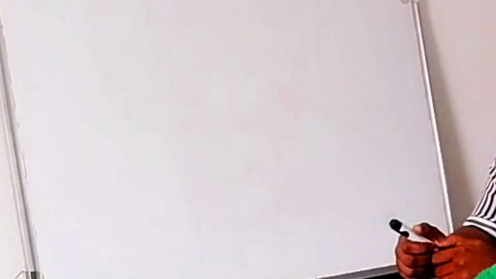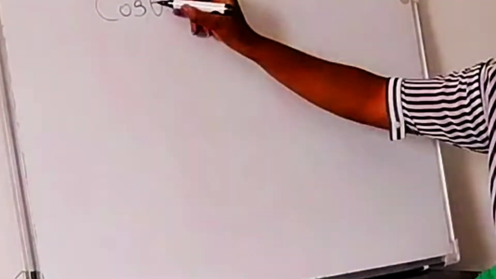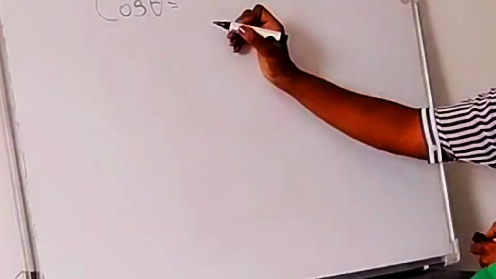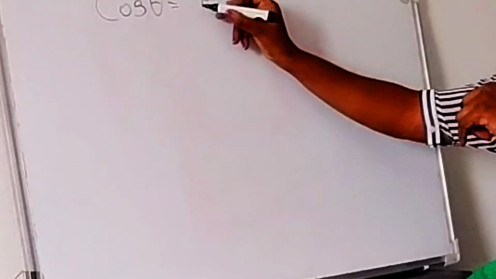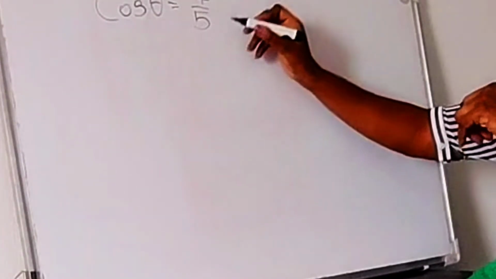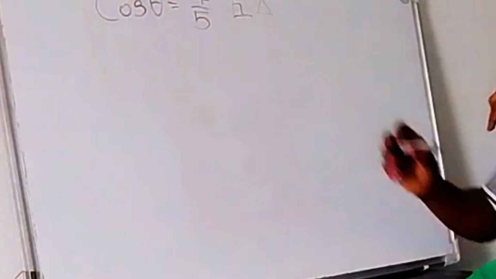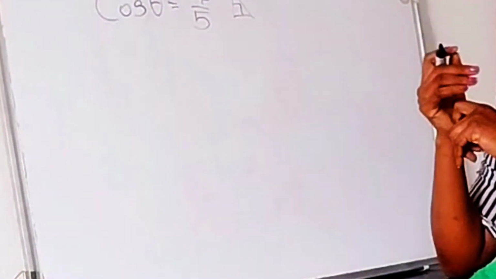Find tan theta. Okay? So if cos theta is equal to 4/5, for a right angle triangle, what's the question?